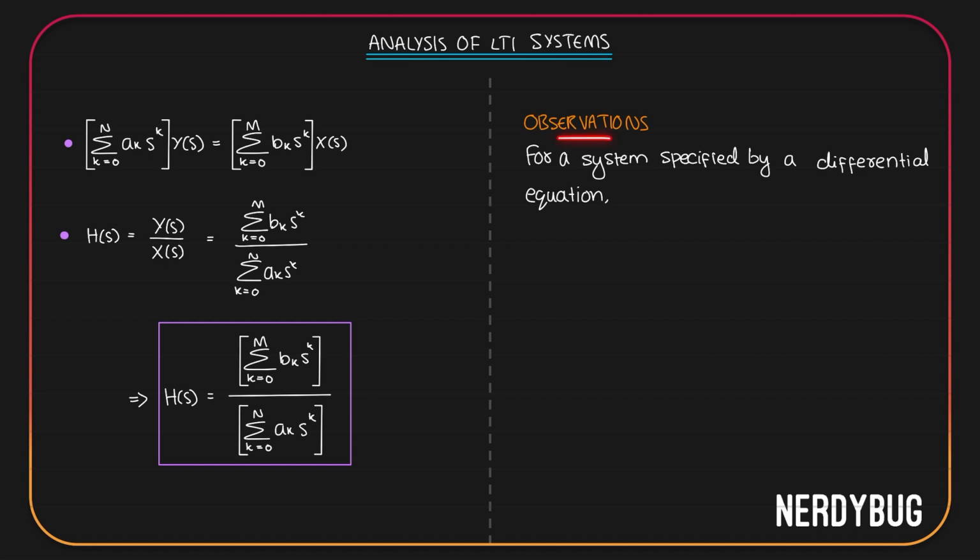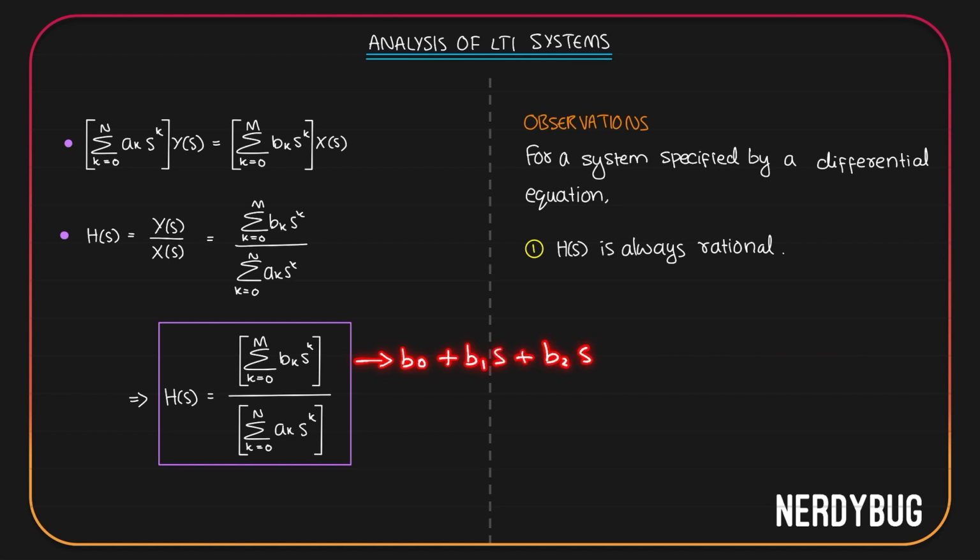Let us now make some observations for a system that is specified by a linear constant coefficient differential equation based on what we just learned. The first one is that H of s is always going to be rational. Let us see the numerator. If you give k equal to 0, you get b0 s raised to 0, which is 1. Plus, if you give 1, you get b1 s.